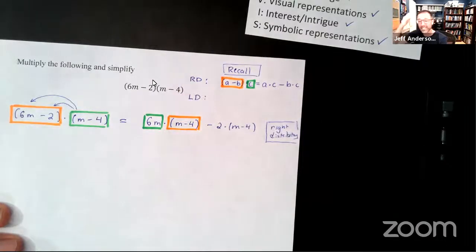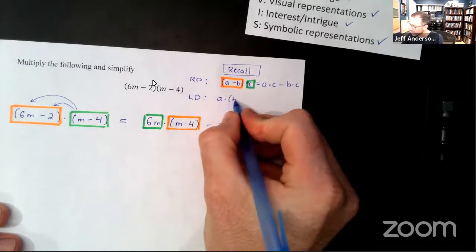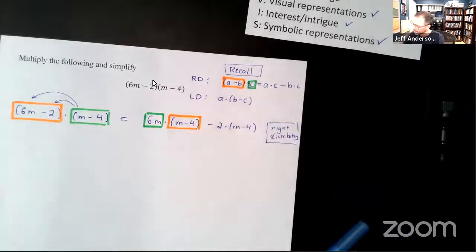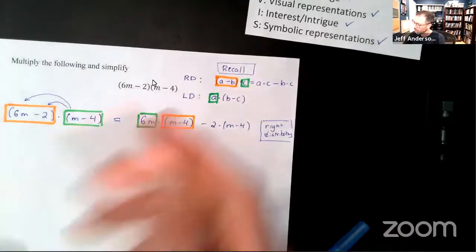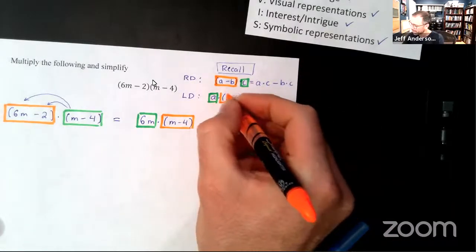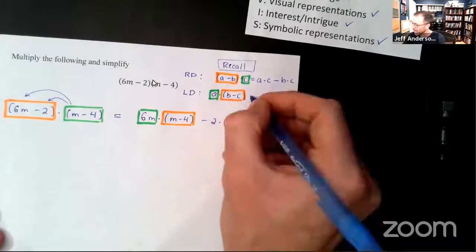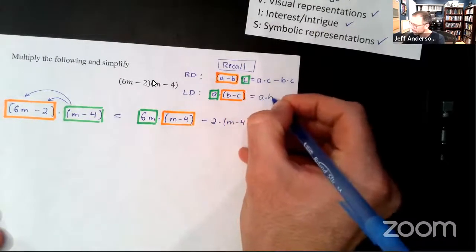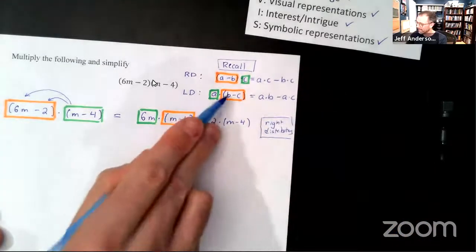Always testing myself to see if I can remember. So I have a outside of b minus c. Chunk on the left, there's A. Chunk on the right, there's B minus C. And then what I'm going to do is distribute A into there. So A times B minus A times C. So I'm going to pass that through.